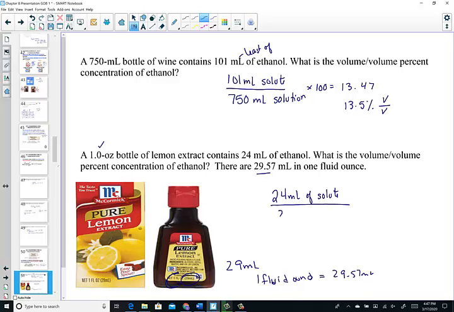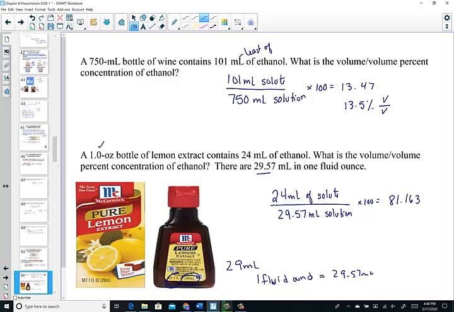And it's set over 29.57 mL. That's the volume of the entire solution, and we'll express that as a percent. 24 divided by 29.57 expressed as a percent. Wow, 81.163.